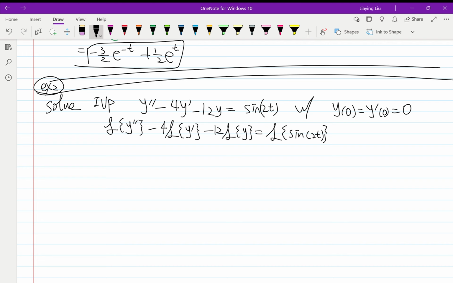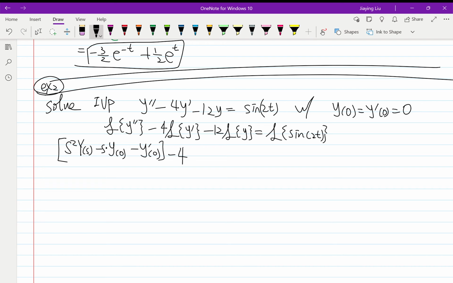Okay, so now we have this whole Laplace transforms. We just have to figure out what the corresponding expression is based on the table or something we've seen before. The first one is second derivative. We have s squared capital Y of s minus s times lowercase y of 0 minus lowercase y prime of 0. And then we have to find the correct Laplace transform of y prime based on the table.